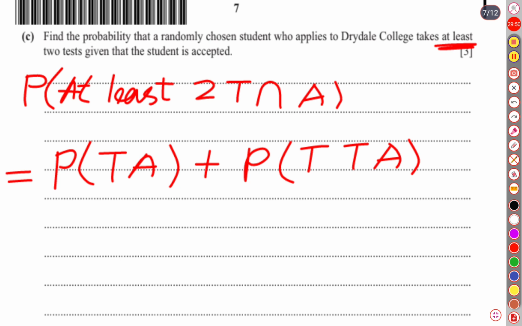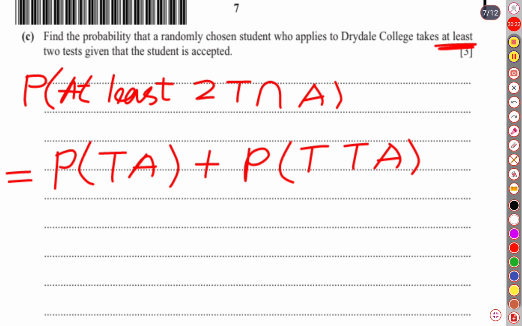That means it might happen that first time he took a test, then in the second time he was accepted. Because at least two tests means initially the first time he was not accepted. So he might be given one chance or he might be given two chances. One chance means T for the second test.